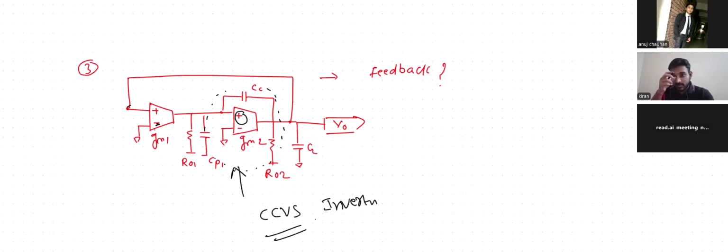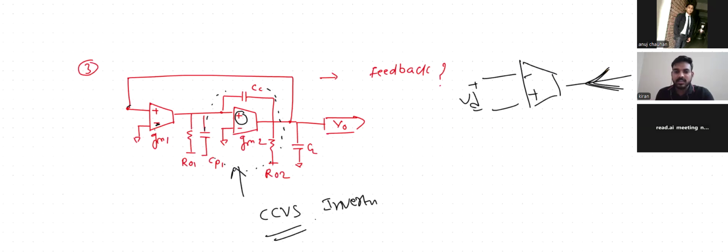Internal Gm cell. Okay, so this sign should be changed. Yeah. Outer is fine. Usually we will give VD in this manner for the purpose of getting current inside of this Gm cell. Why inside, not outside?